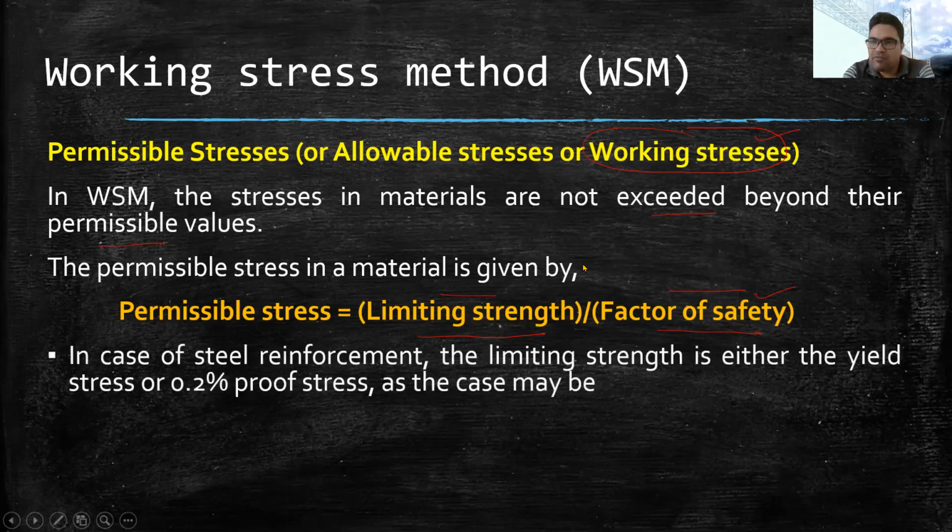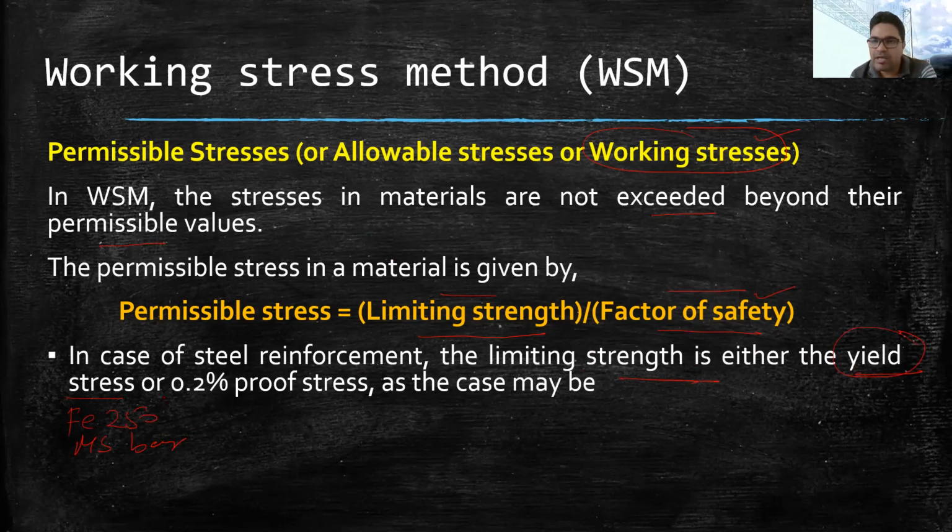In our reinforced concrete, there are two materials that we use: one is the steel and the other is the concrete. In the case of steel reinforcement, the limiting strength is the yield strength if we are using Fe 250 grade or mild steel bar. In that case, we will consider the yield strength.